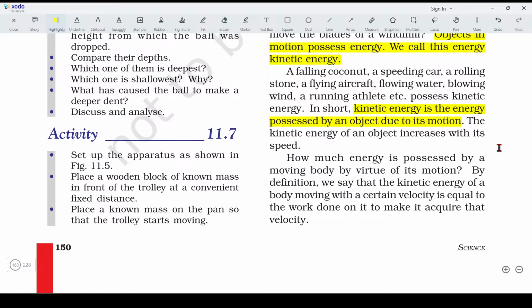Which object has more energy, the heavier one or the lighter one? A heavier object will be able to move some other object.